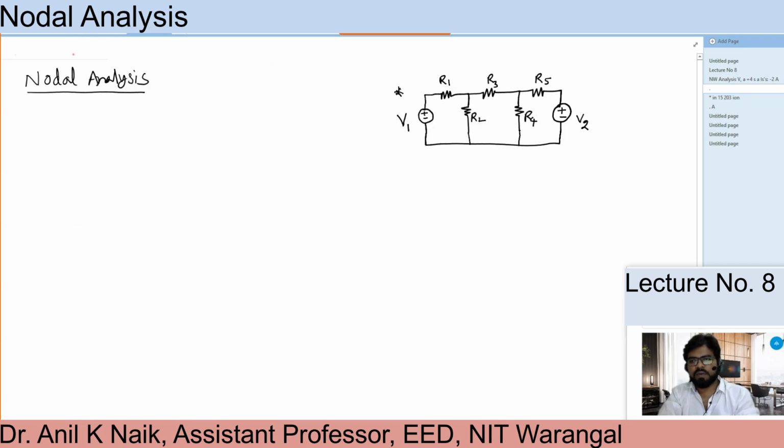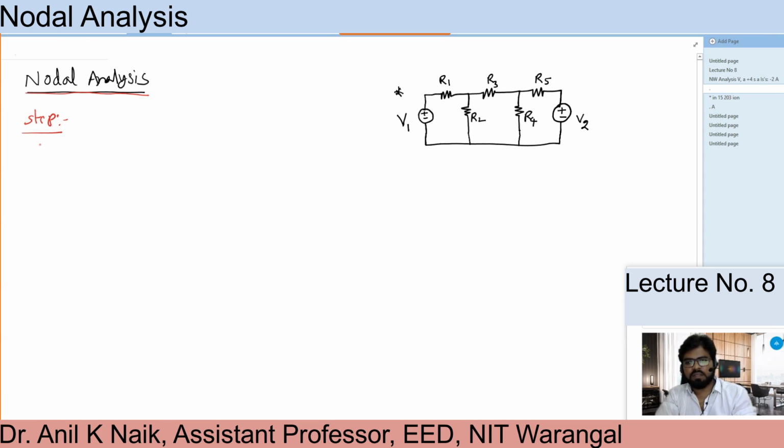Now we will see what exactly nodal analysis is. How do we analyze any given network in order to find the voltages and currents in each and every element? For that, we take procedural steps to follow.